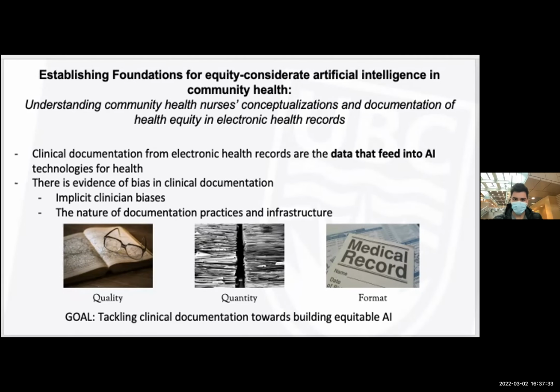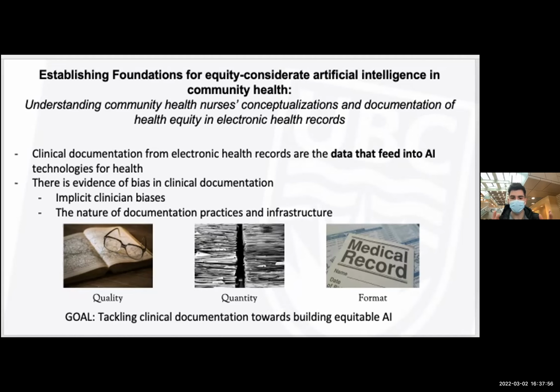So I'll be speaking today on our project, Establishing Foundations for Equity Considered Artificial Intelligence in Community Health. Let's start with the basics here. Our project focuses on the clinical documentation from electronic health records as the data that feeds into health-related artificial intelligence technologies.